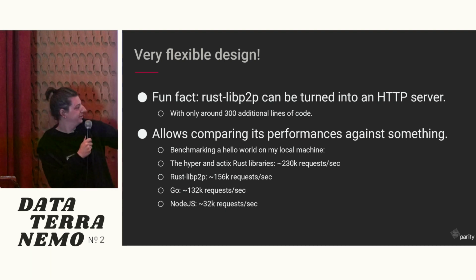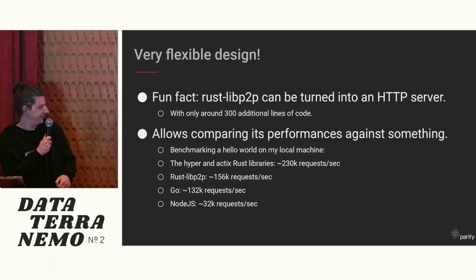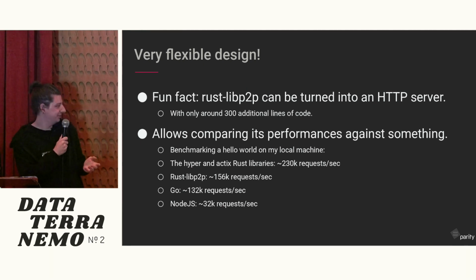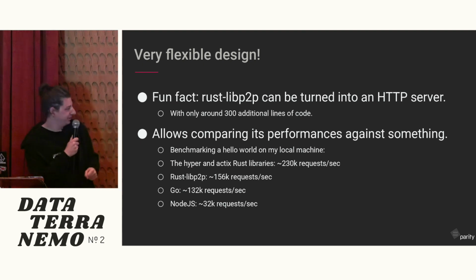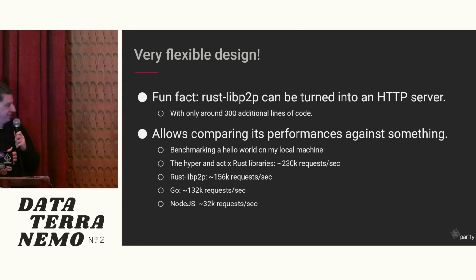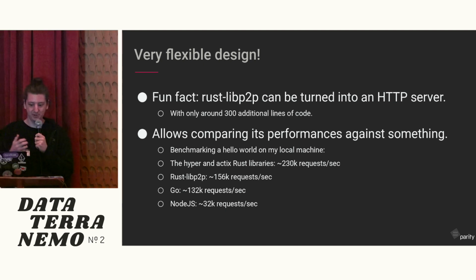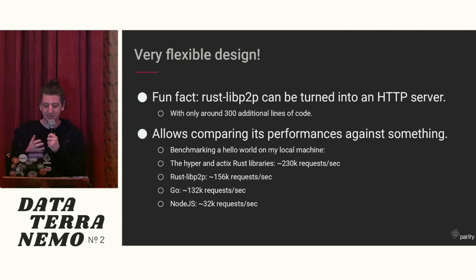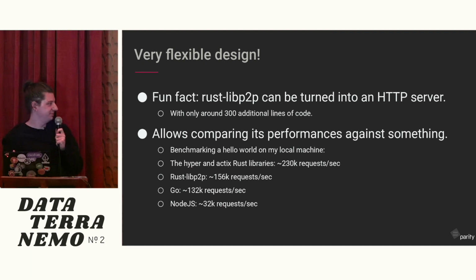Rust libp2p is only at 156K, but that's kind of okay because we are not optimized for HTTP at all. Go is behind at 132K and Node.js at 32K. I'm happy with these results because it showcases that we didn't make any decision that made it not fast, basically. It could obviously be improved, but I'm happy with that.